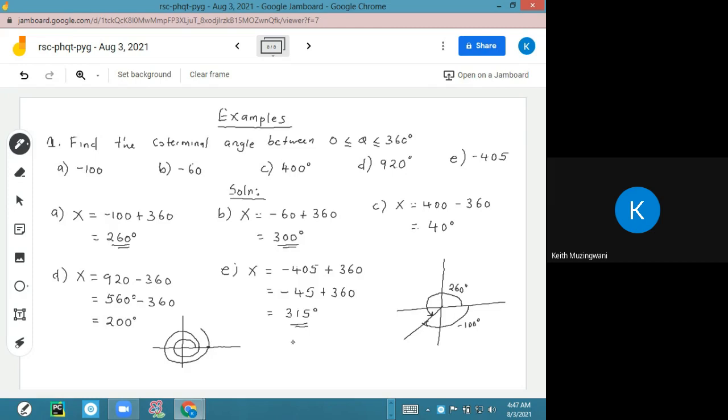Goes again, you reach here, it is 920. But 200 also starts from there and ends here. So they are coterminal, starting at the same point, ending at the same point. And you see how we use them, depending on the questions that we meet.